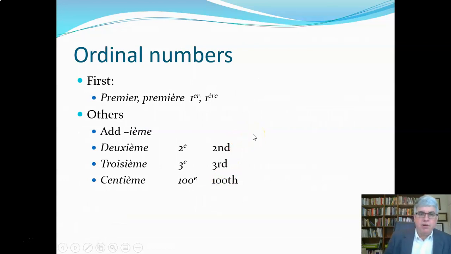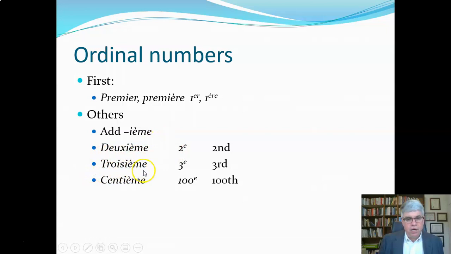Now, ordinal numbers. Ordinal numbers are when you have an order to things like first, second, third, fourth. The word first is premier or première, depending if it's masculine or feminine. And the abbreviation is 1er and 1re. But for the other numbers, you just take the number and add ième to it.